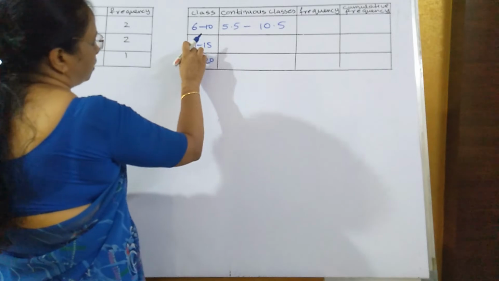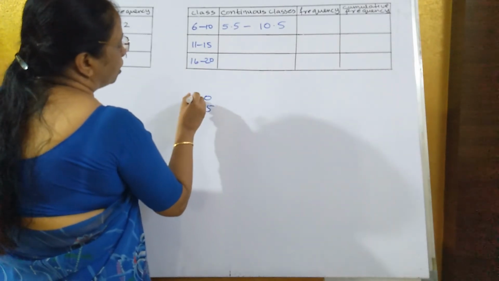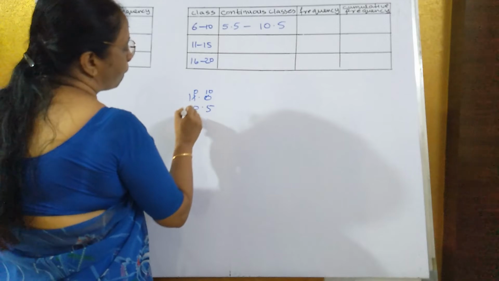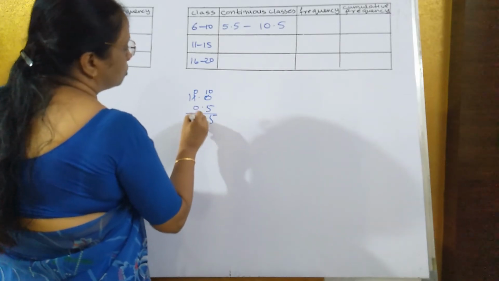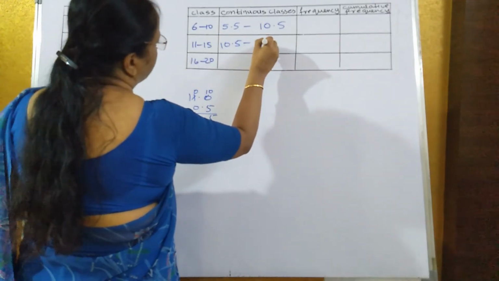Now again from 11 you will decrease 0.5, so it will become 10.5, and 15 will become 15.5.